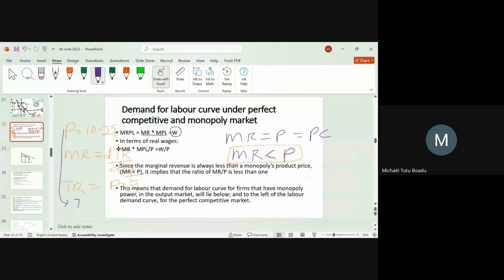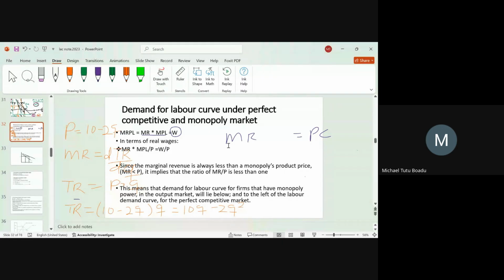The price is known to be this, so TR is (10 - 2Q) times Q. The bracket is the price and the Q is the quantity. If we expand the bracket, we have 10Q - 2Q squared.